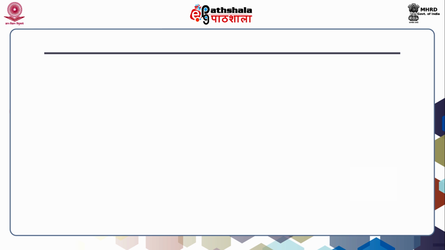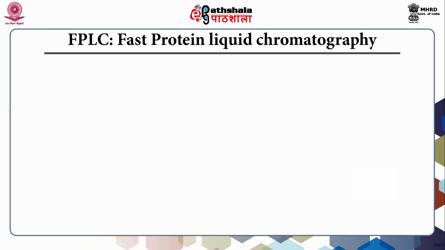In the next slide, we are going to discuss another alternative for HPLC, called FPLC, that is fast protein liquid chromatography. Fast protein liquid chromatography is mainly useful for biopolymer separation, for example protein separation or DNA separation.